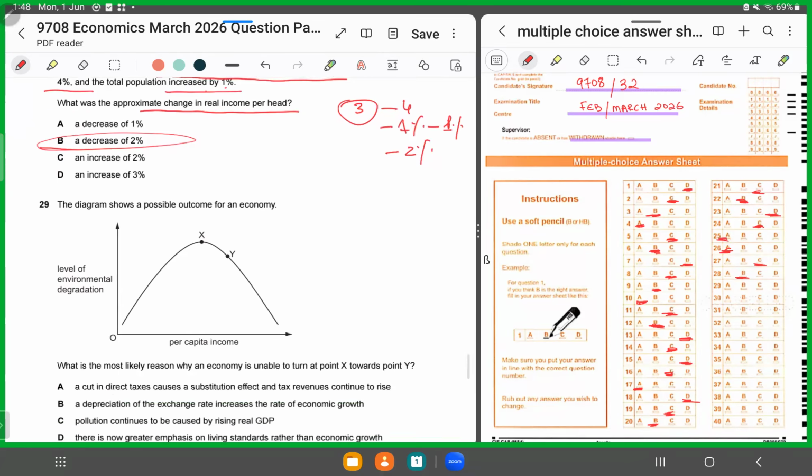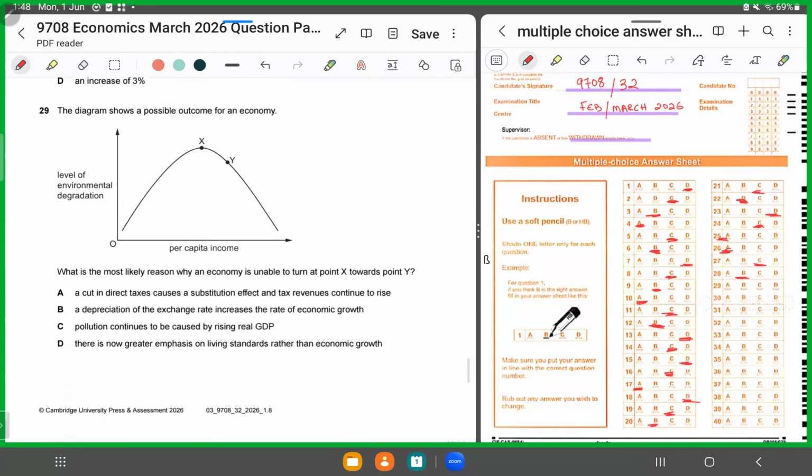Moving forward, 29. 29 displays the curve that talks about the level of environmental degradation and the possible outcome for an economy. The horizontal axis displays the per capita income. They are asking what is the most likely reason why the economy is unable to turn at point X towards point Y. Why is it not able to do that?